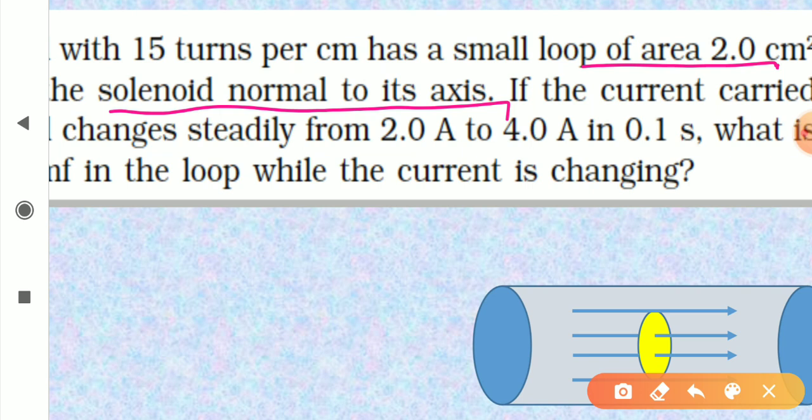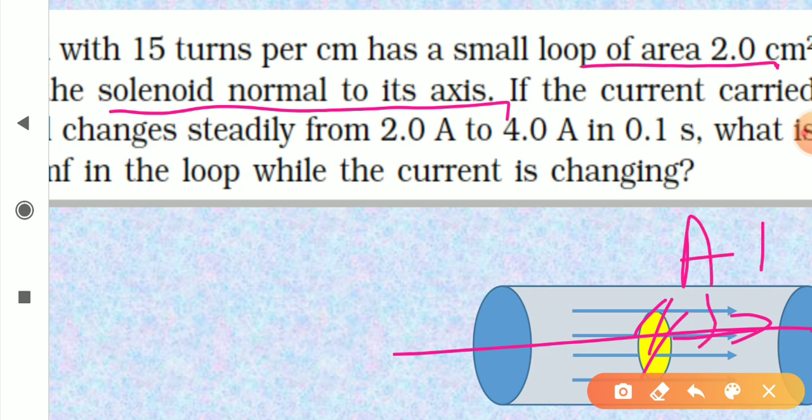So, the area of the loop is normal to this magnetic field. Okay. So, we can say that the area vector and magnetic field both are along the same direction.